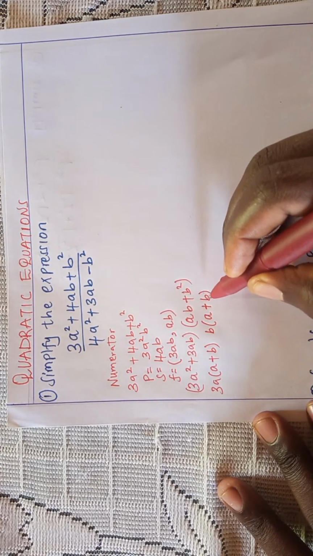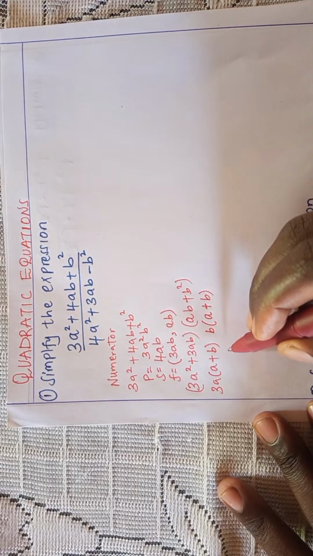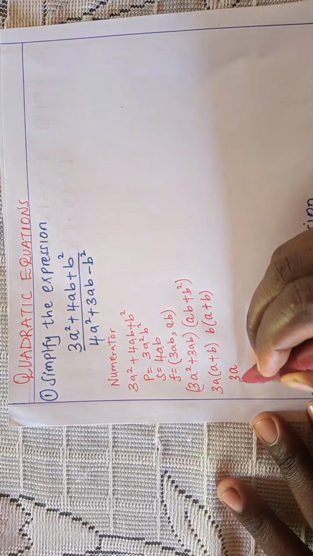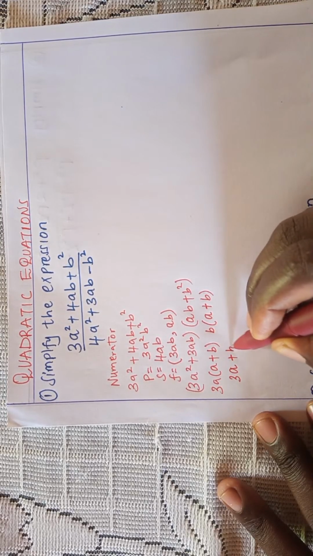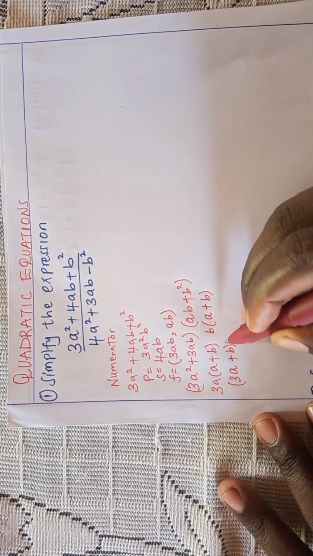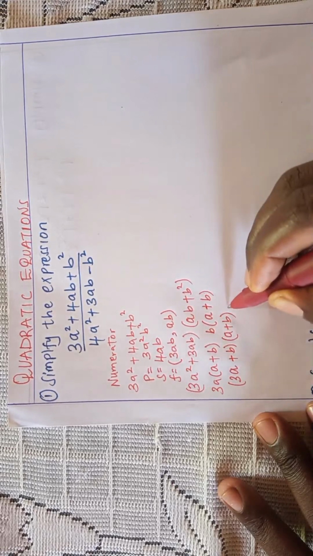At the end of the day, the two brackets are the same. We take one and say it is now 3a plus b, and then we take one of the brackets, which is a plus b. Now we have simplified this.